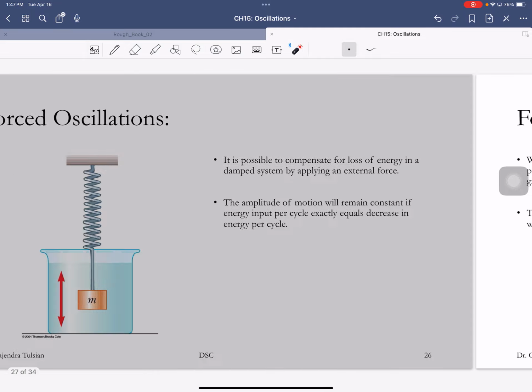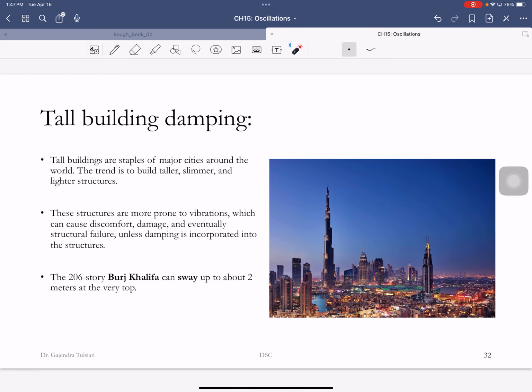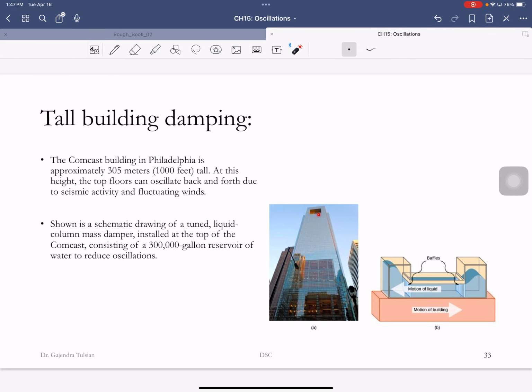So for instance, in large buildings, the wind will set them in oscillation. You don't want the building oscillating. So the damper there is in all these tall buildings. One of the ways to dampen is put a large tank of water. As the building shakes, the water won't go back there. The water delays. So the building is going this way, and the water is going in the opposite direction, and the friction will damp out the motion.